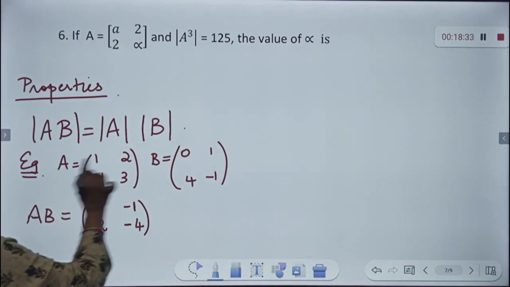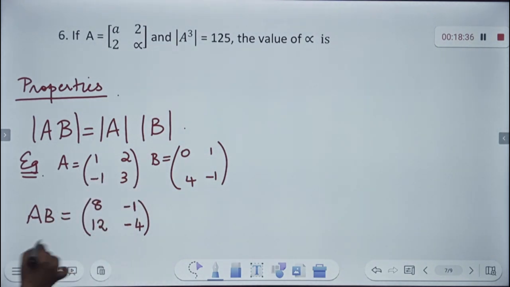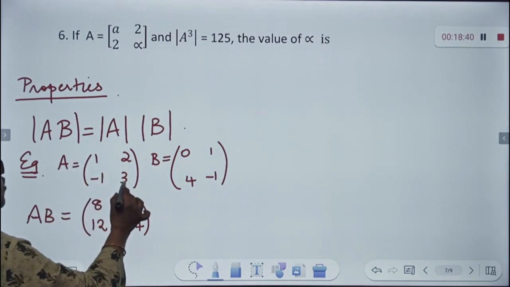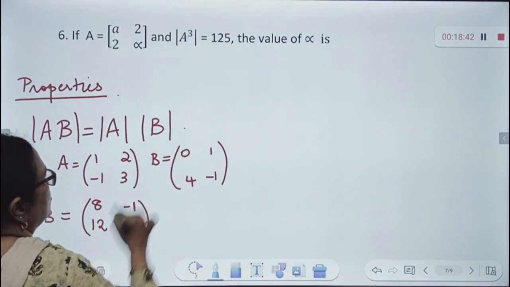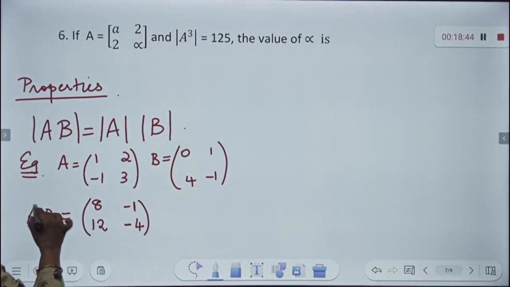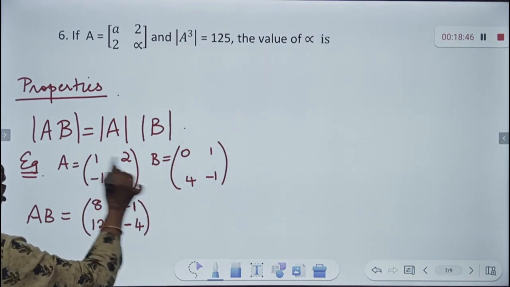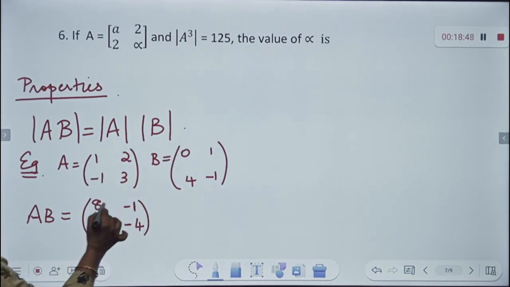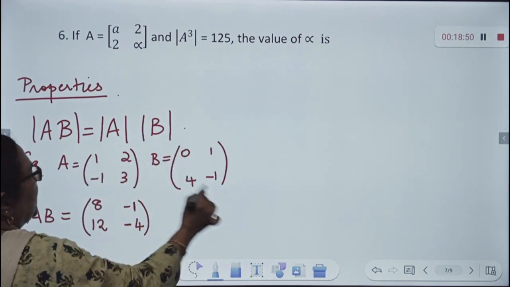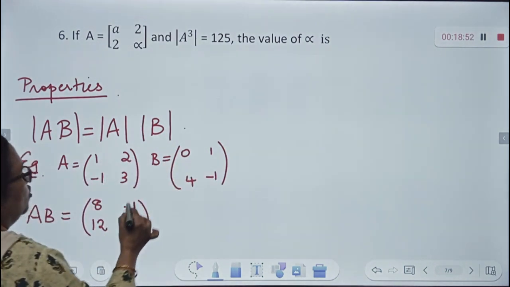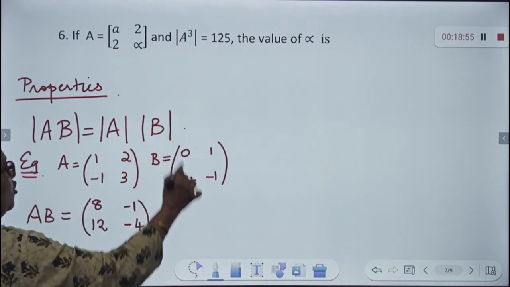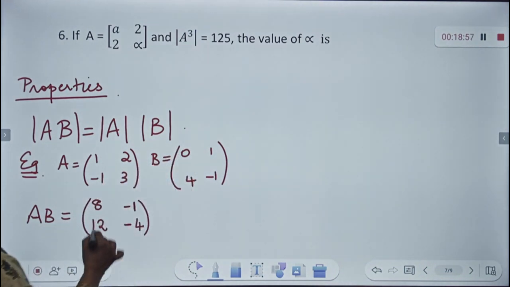I am repeating, I am finding AB, and then I will find determinant of AB. Now, if A is 1, 2, minus 1, 3 and B is 0, 1, 4, minus 1. What is AB? First row, first column, 1 into 0 plus 2 into 4, 8. First row, second column, 1 minus 2, which is minus 1. Second row, first column, 0 plus 12, 12.